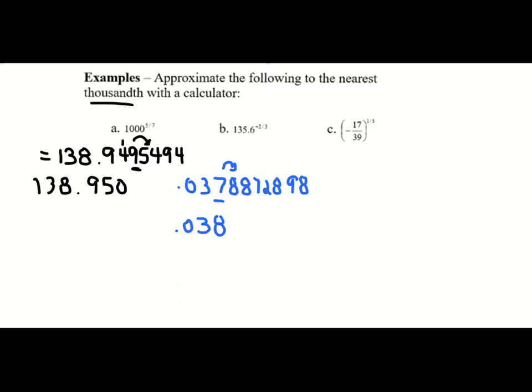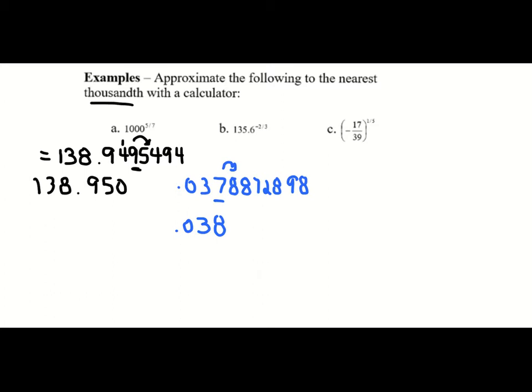All right, and my last one is negative 17/39 raised to the 1/5 power. So negative 17/39 raised to the 1/5 power.